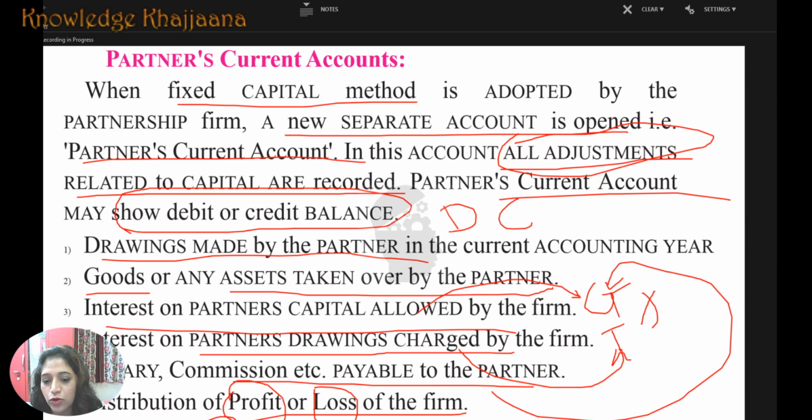There is nothing to do in the loss, so loss is always adjusted. Always remember these things. For maintaining these entries, which account is created? The partners' current account, because we don't touch the partners' capital account. For the remaining entries we make the partners' current account.